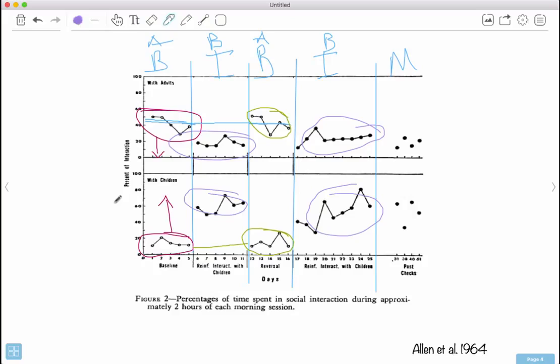The students consistently reduce their interaction with adults and consistently increase their interaction with children in the presence of reinforcement. And that is a discussion of prediction, verification, and replication, which forms the basis of baseline logic. In the next video, I will briefly discuss with you the limitations regarding reversal designs.